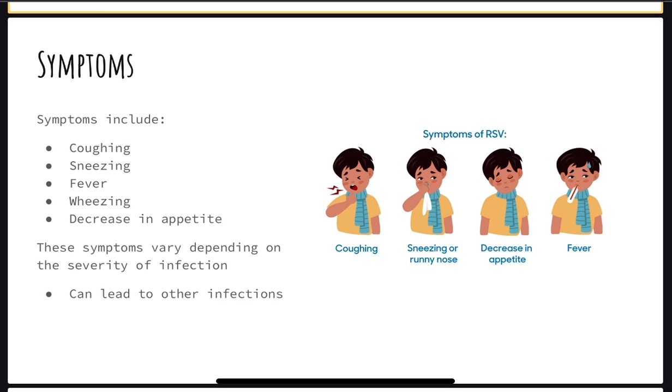However, whether you get all or some of these symptoms very much depends on the severity of the infection. So you may not have all of them or you may not have one. It generally varies. These infections can lead to other respiratory infections, like we stated before, bronchitis and pneumonia, and these symptoms can become even more serious in those cases.